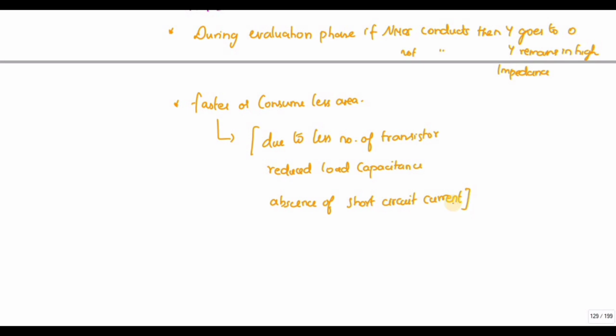During the pre-charge phase, my Y goes to VDD. So you can see the tPLH, low to high value, is 0. That also makes this one faster. But you have the tPHL value.